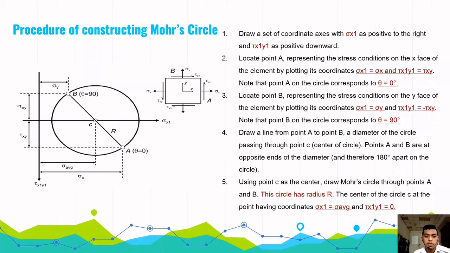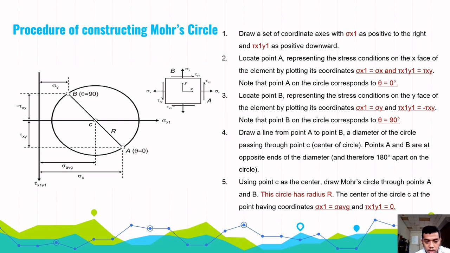Next, I will continue the slide with the procedure of constructing the Mohr circle. First, draw a set of coordinate axes with sigma x1 as positive to the right and tau x1y1 as positive downward.